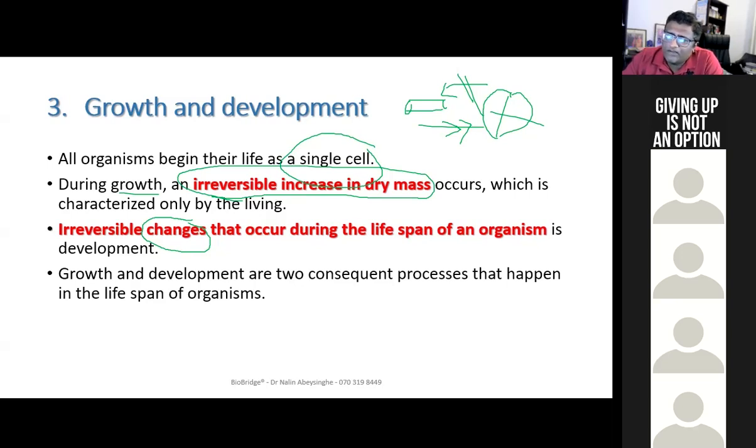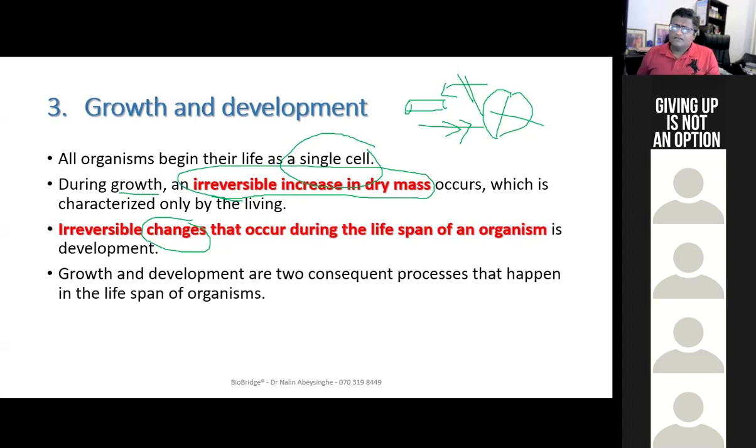Growth and development are two consequent processes that happen in the lifespan of organisms. They work together, as a result of each other. Development can't work in isolation from growth. The organ has to grow before it's developed.